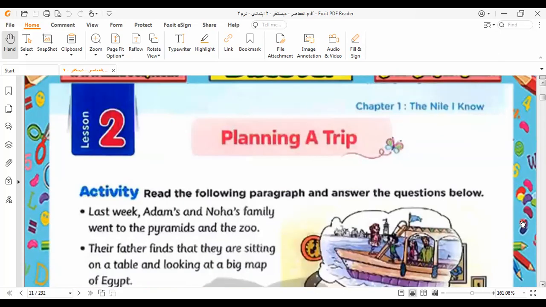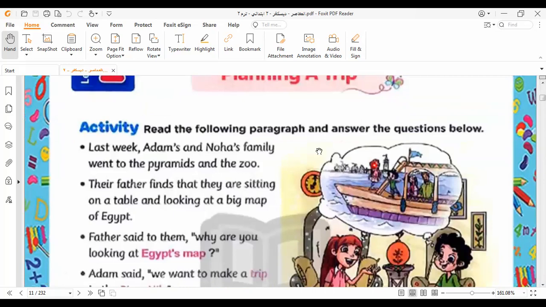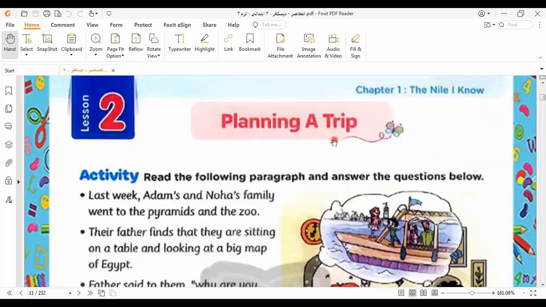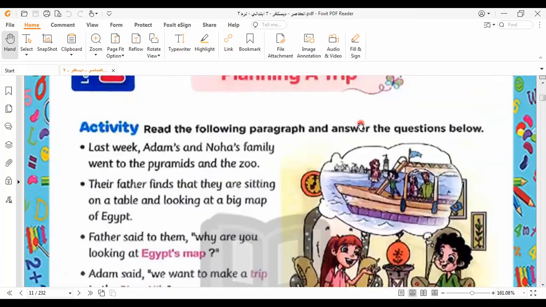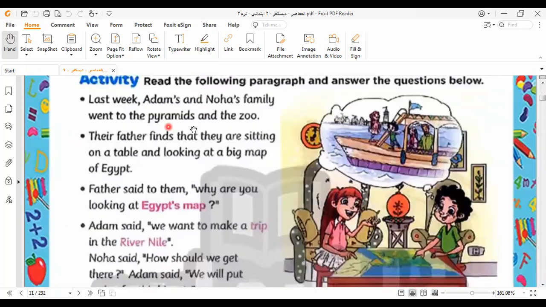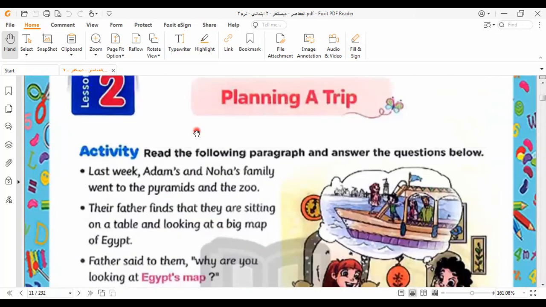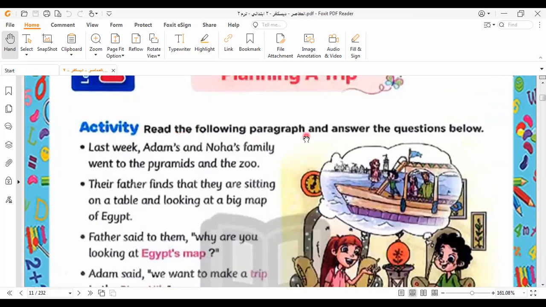Another lesson. We go to another item. Lesson 2. Planning a trip. Planning a trip means we are arranging a trip to go. Okay. Let's go to this text to know how we plan a trip. Read the following paragraph and answer the questions below.